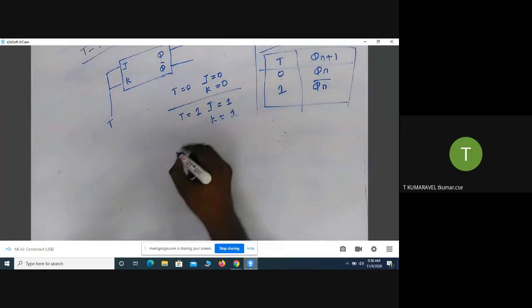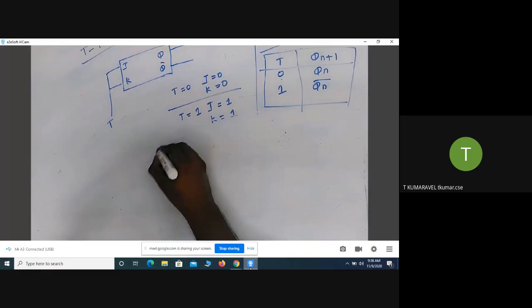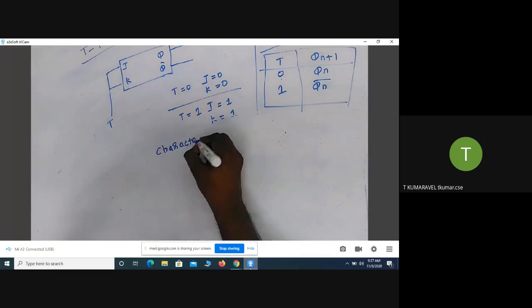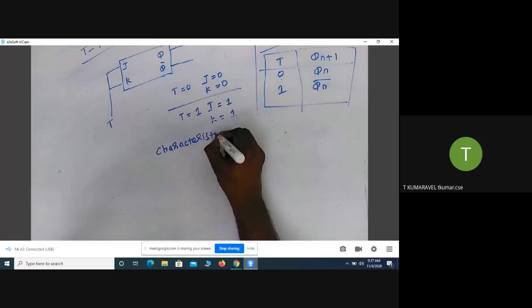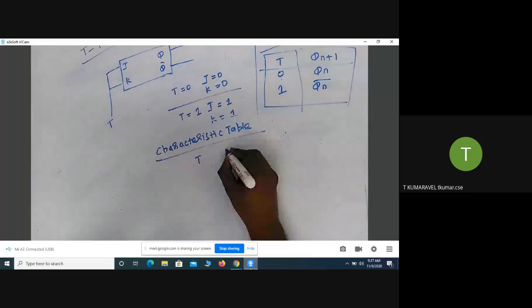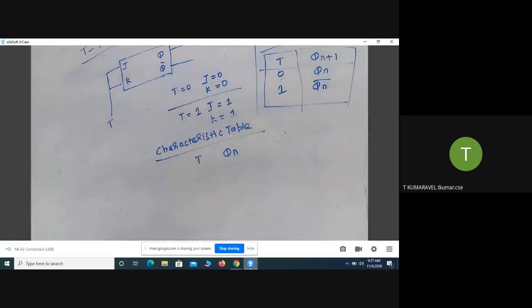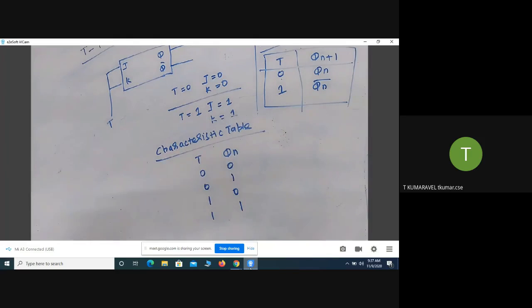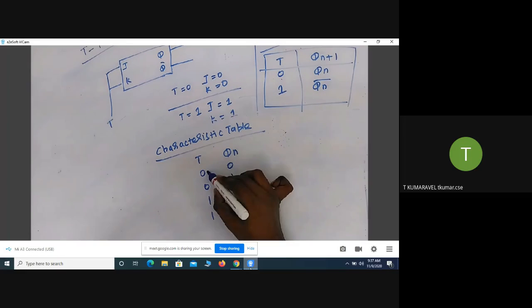The characteristic table. Here, what input combinations are available? Only one input, and then the previous state output, that is Qn. So two input variables are available. How many input combinations? 4: 0 0, 0 1, 1 0, 1 1. My input is 0.